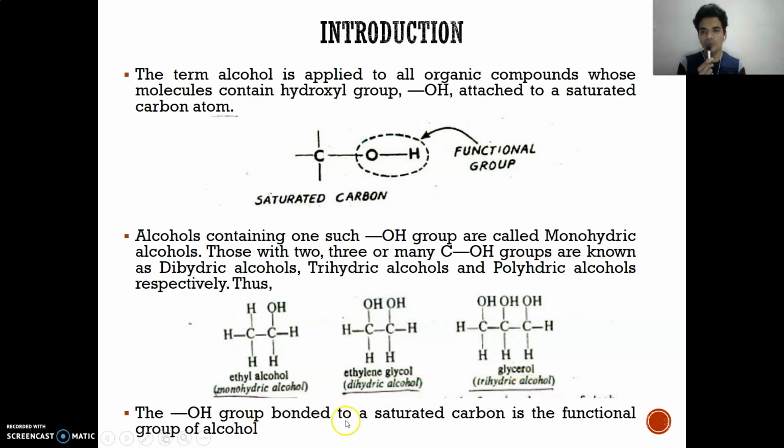So OH group bonded to a saturated carbon is the functional group of alcohol. We get an easy idea that compounds which contain an OH group are called alcohols, and if it contains one group it is monohydric, if 2, dihydric, if 3, trihydric, and so on.